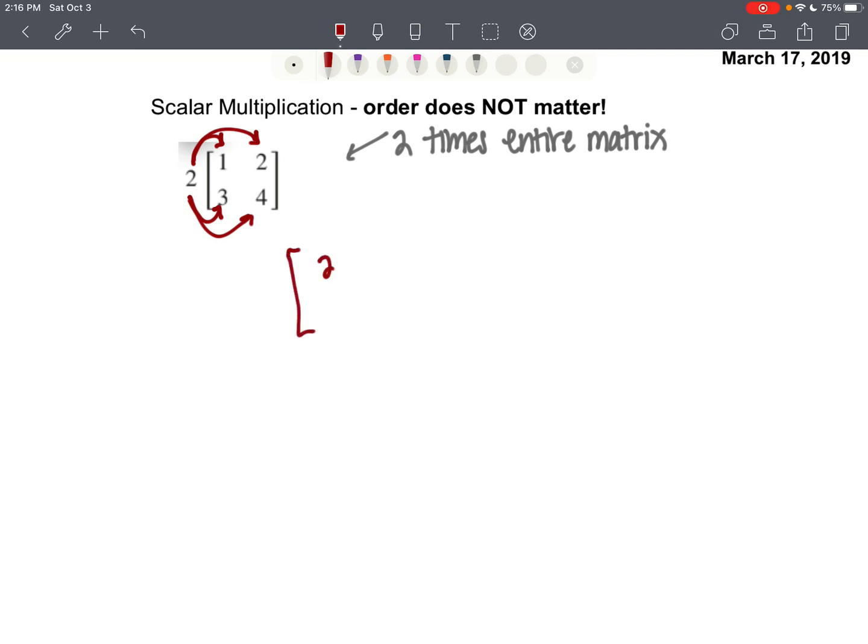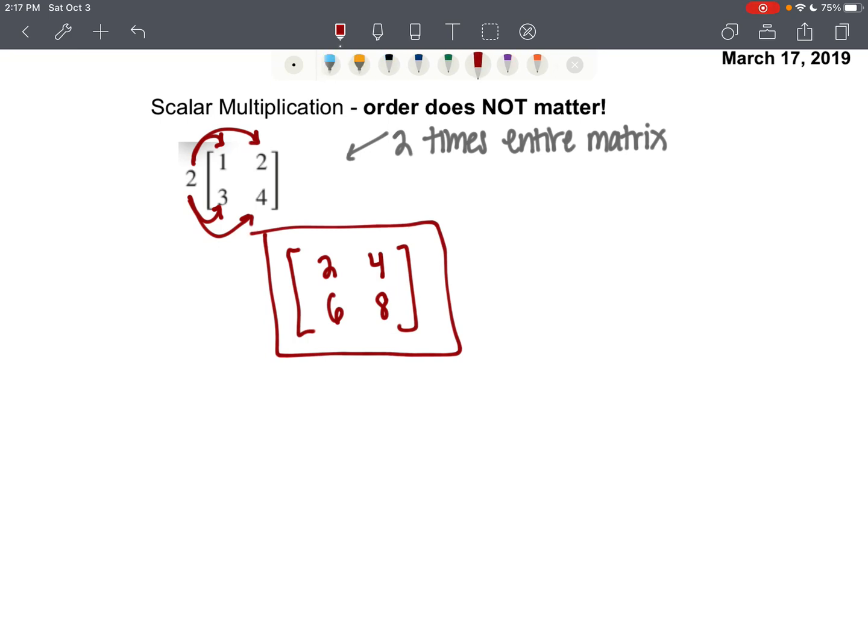So 2 times 1 is 2, 2 times 2 is 4, 2 times 3 is 6, and 2 times 4 is 8. And that is our resulting matrix. 2 is considered the scalar. So 2 is called the scalar. And that's scalar multiplication.